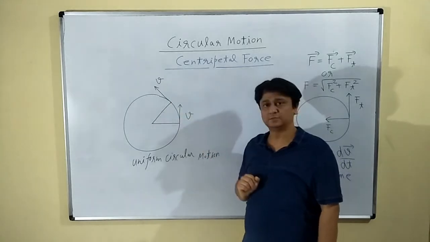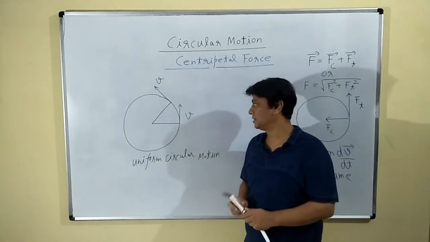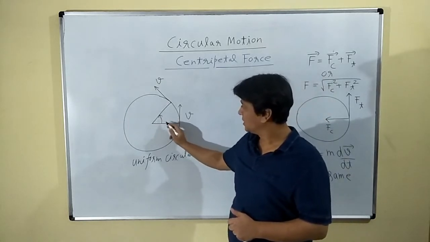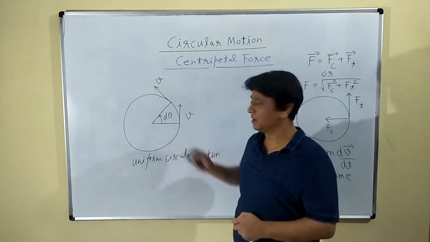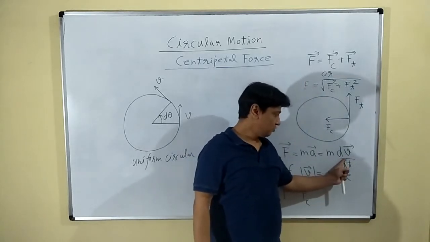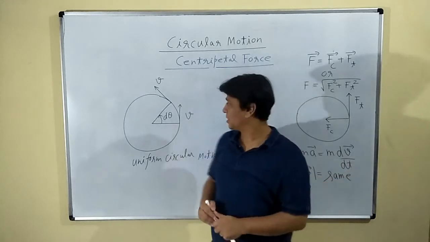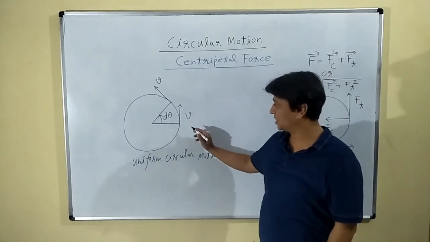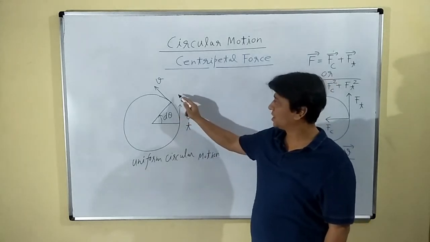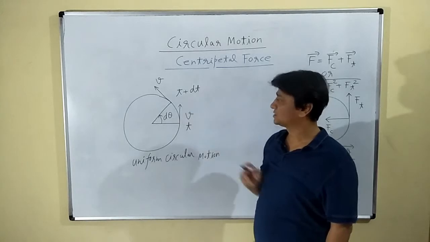यहां से यहां, then how can you find dV by dt? Suppose this angle is d theta. Why d theta? Because we are discussing changes which took place in time dt. हमारा ऑब्जेक्ट यहां पर था and time was t. जब ऑब्जेक्ट यहां पहुंचा तब टाइम हो गया t plus dt.